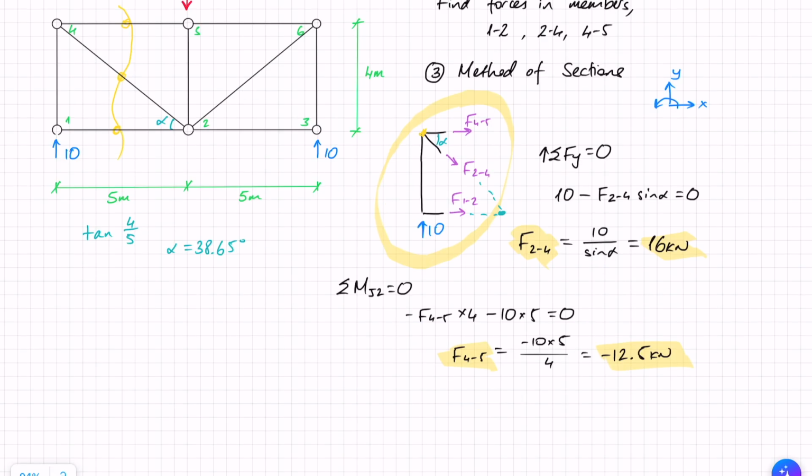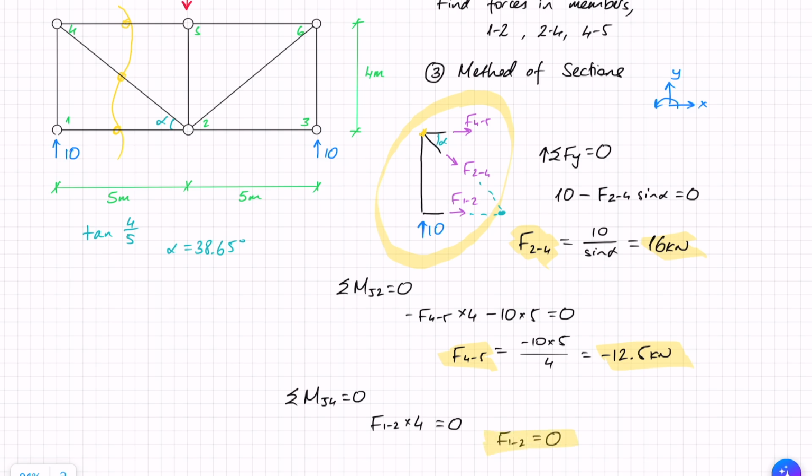So sum of moments around joint 4 equals 0, and here I have F12 times 4 and nothing else, because as we mentioned, F45 and F24 pass through that joint, but the line of the reaction of the 10 also passes through that joint and therefore also doesn't contribute to moment. So that equals 0 and F12 equals 0.